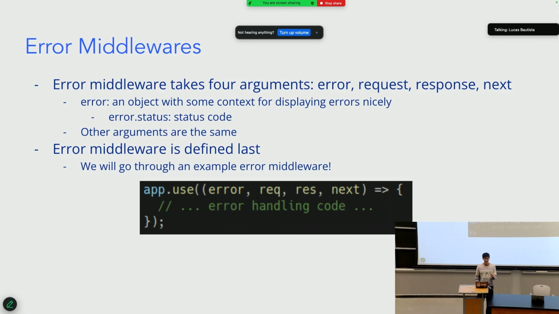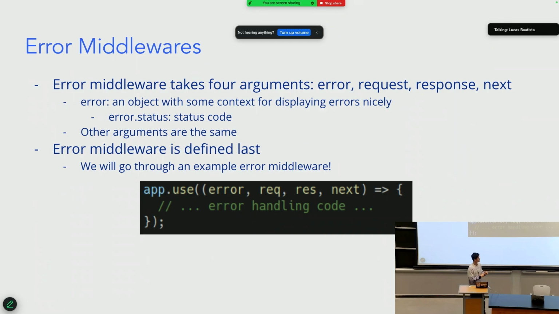Error middlewares are slightly different from middlewares in the sense that they are a catch for what happens if whatever endpoint code or middleware code that we run somehow errors in the process of processing. It takes in 4 arguments: error, req, res, and next.